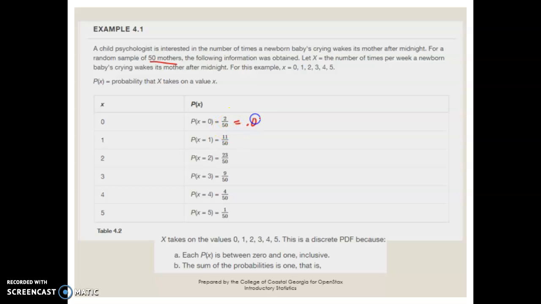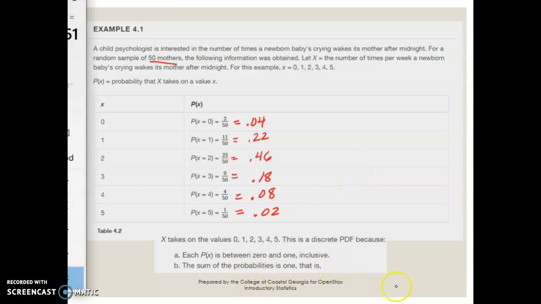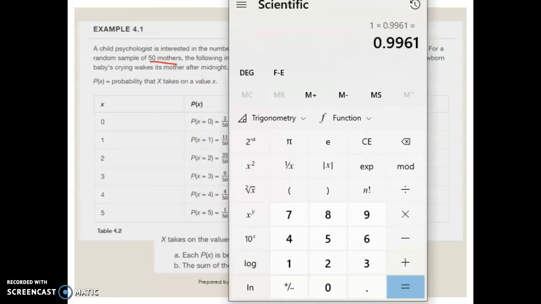So I'm going to have 0.04, 0.22, 0.46, 0.09 times 2, I forgot to do that. So 9 times 2 is 0.18, 4 times 2, 0.08, and 1 times 2, 0.02. Of course, you can get a calculator.